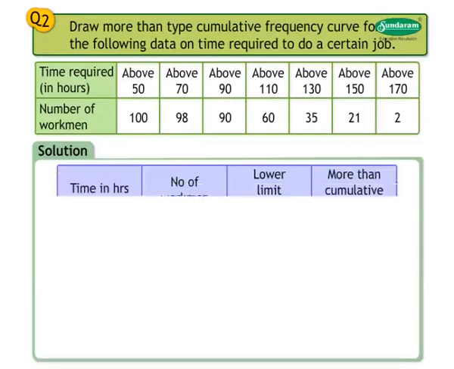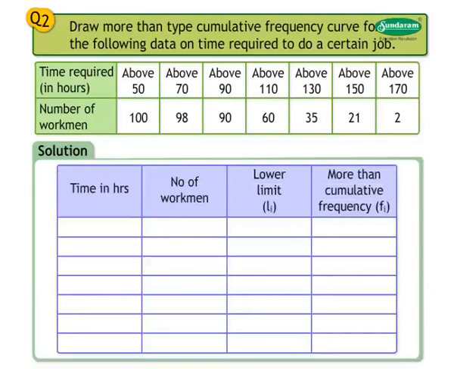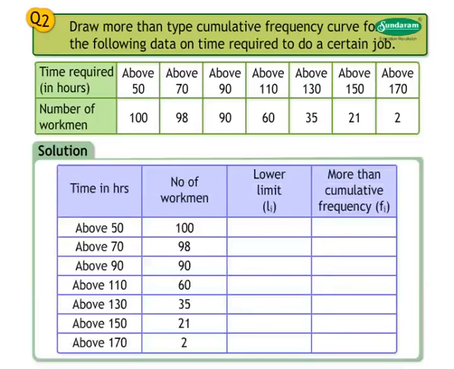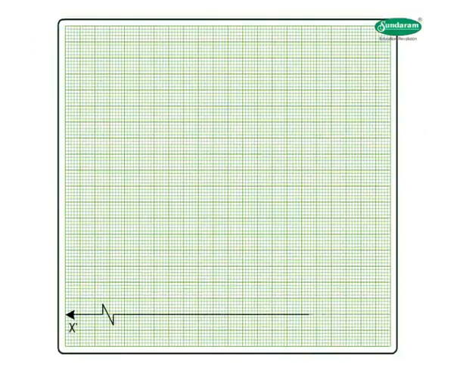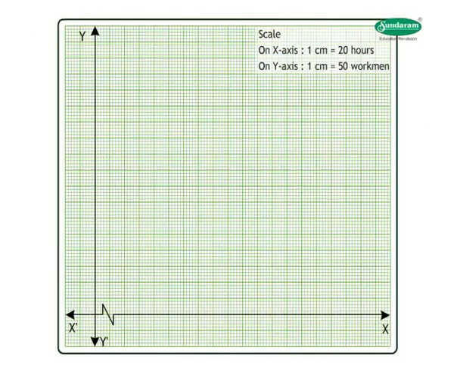Solution. Prepare cumulative frequency table as shown with following columns. Class, frequency, lower boundary taken as L1, more than cumulative frequency F1. Draw x-axis and y-axis. Take scale of 1 centimeter equal to 20 hours on x-axis and 1 centimeter equal to 50 workmen on y-axis.